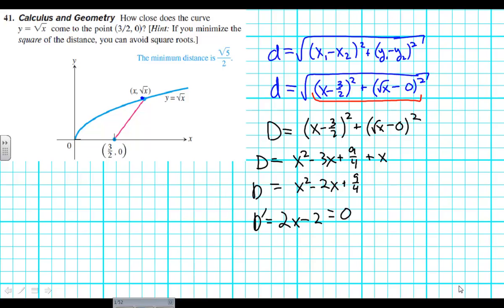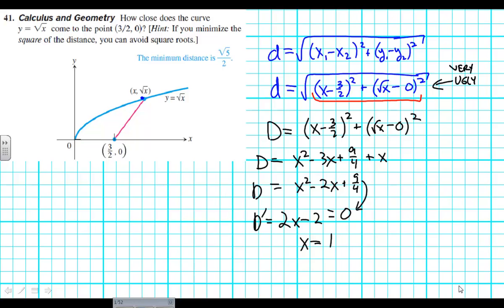Set that equal to 0. It looks like x is equal to 1. Now again, please compare me taking this derivative as compared to taking that derivative. Okay?